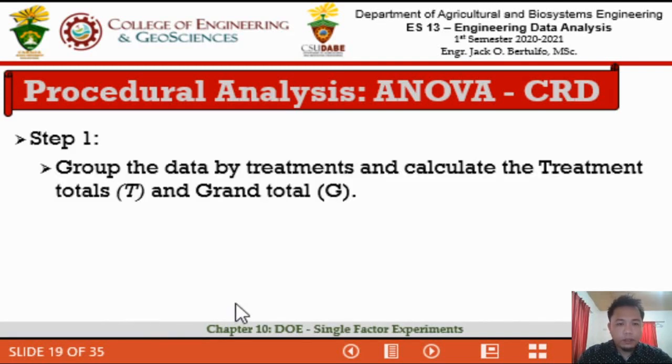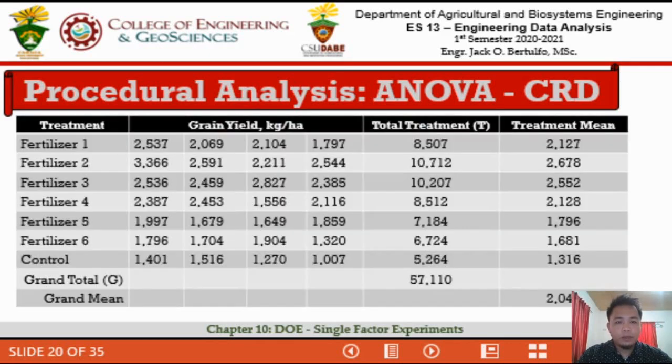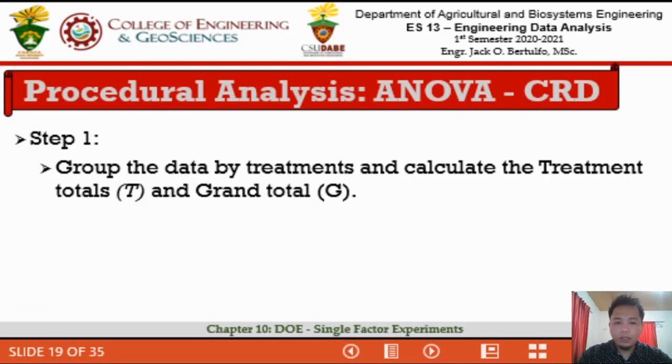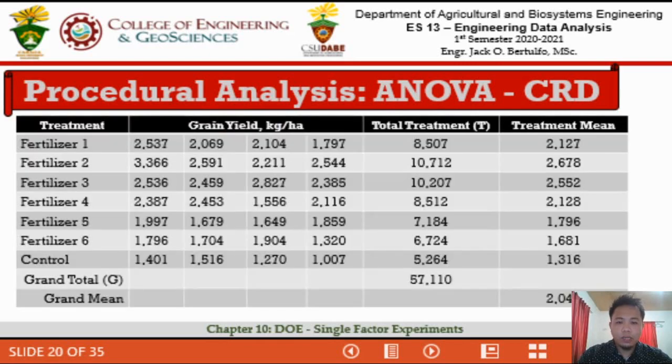Okay. So step 1, the first thing to do, is to group the data by treatment and calculate the treatment totals and the grand total. For treatment total we denote this as T, and for the grand total we denote this as G. In grouping, it looks like this. This is your fertilizer 1, 2, 3, 4, 5, 6 and your control. The first thing to do is to calculate the treatment total.